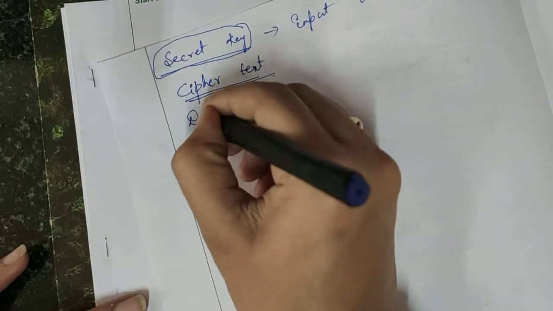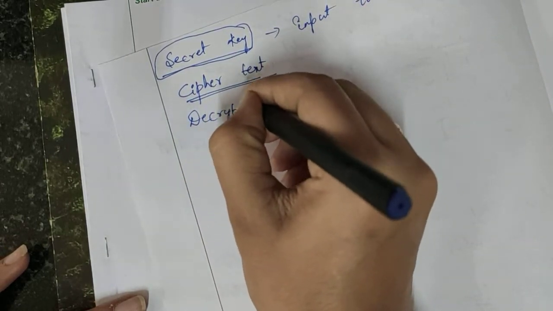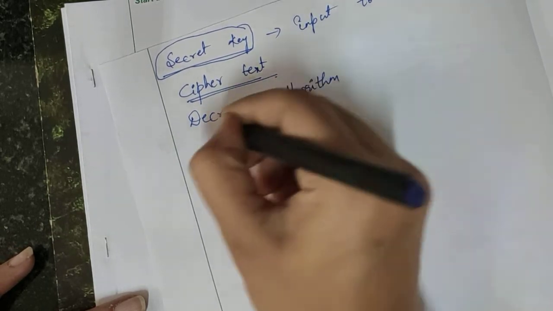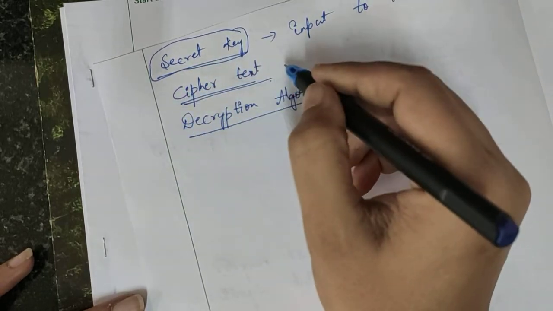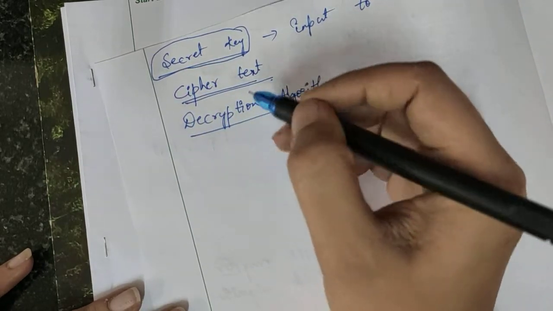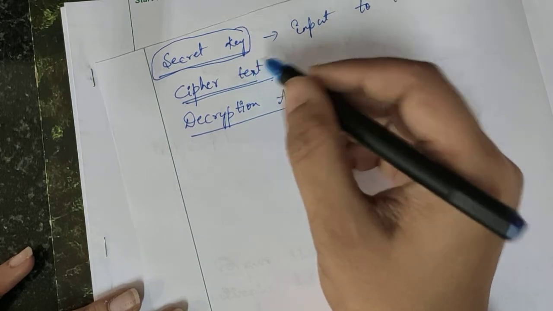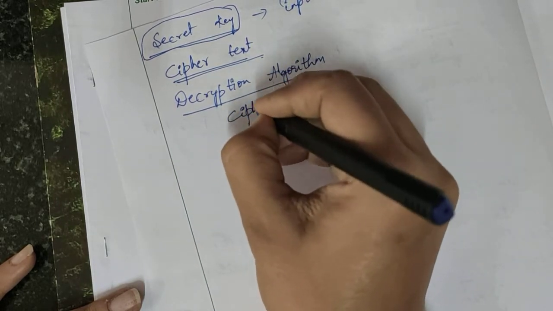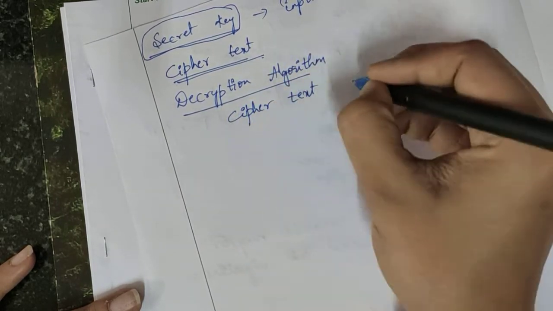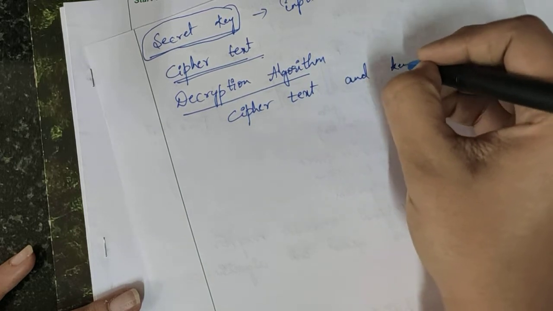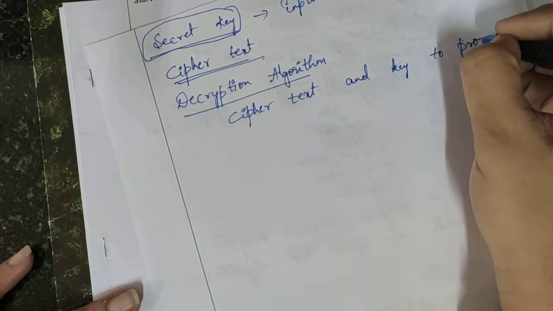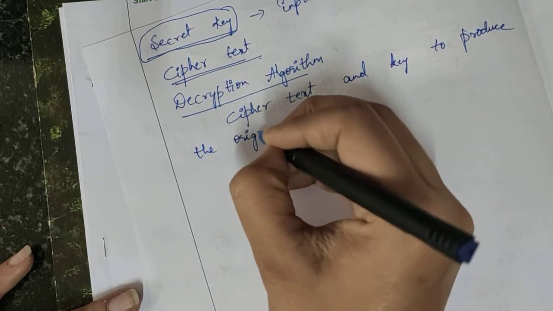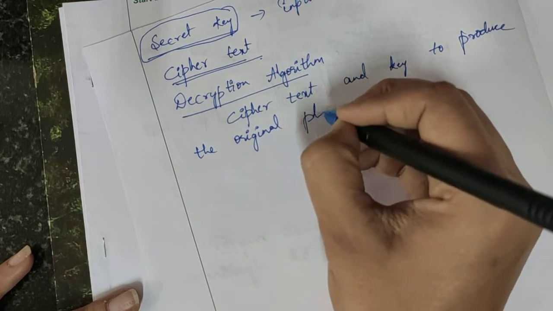And the last one is the decryption algorithm. Decryption algorithm is also a type of algorithm which is a reverse process of your encryption algorithm, and it takes the ciphertext and key to produce the original readable text or original plain text.